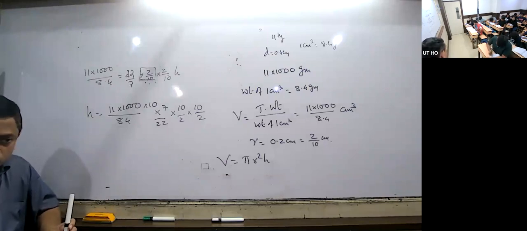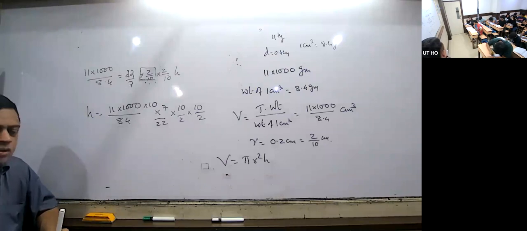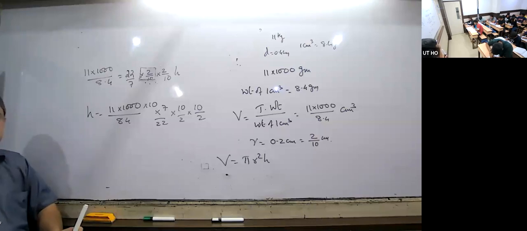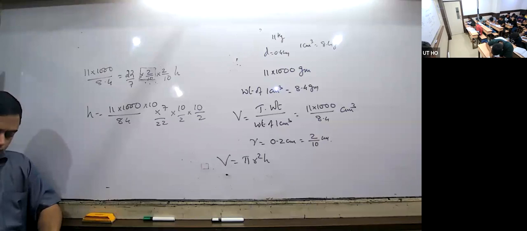Have you followed this one? Now cancel and multiply, and if it is a fraction, keep it in fraction form. If everything cancels, fine.